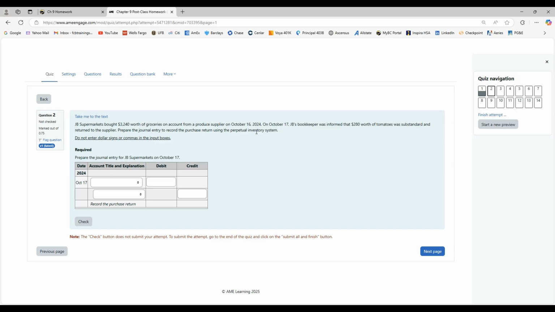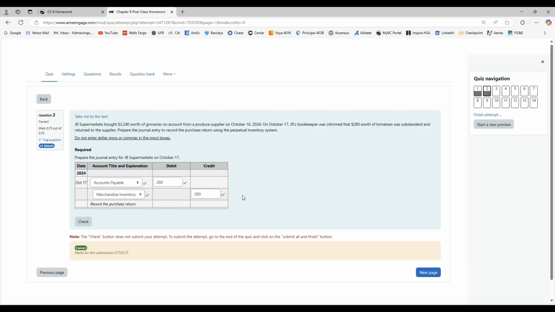And so, again, that original journal entry would have been merchandise inventory debit and credit accounts payable, kind of like what we just saw in that last problem there. And then we're going to reduce our accounts payable now because we're not going to pay for this $280 of inventory, the tomatoes, and we sent them back to the seller. And so we're basically reducing our accounts payable.